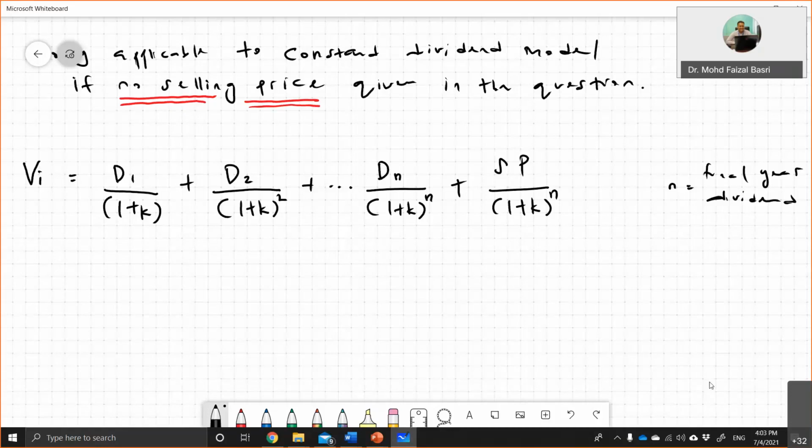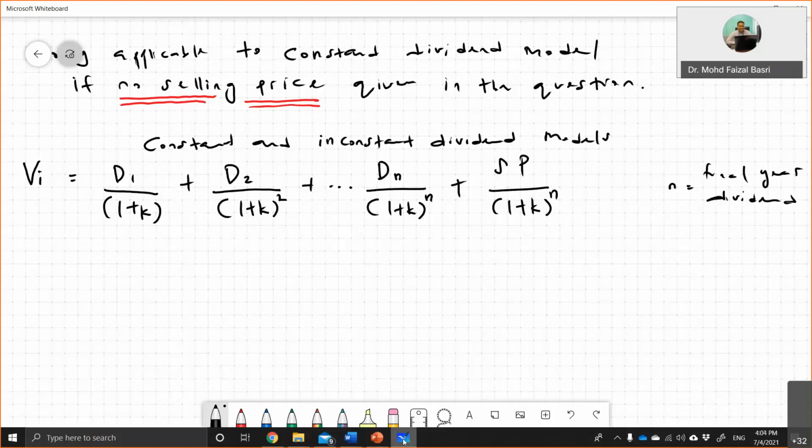As I said, this is applicable to constant and inconstant dividend models. For the first two models, either constant or inconstant dividend, we're going to use the same formula.